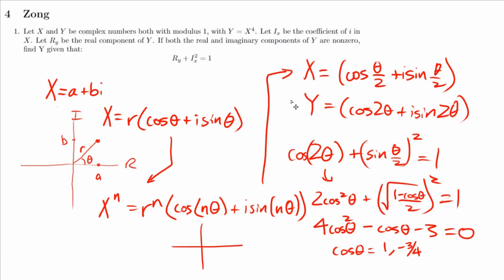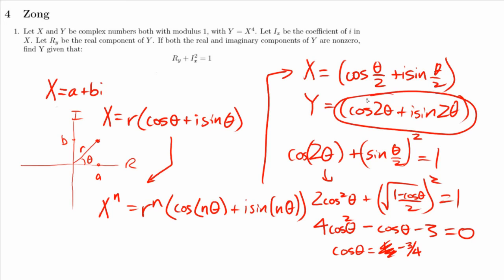So with y, since y's real part is cosine 2 theta, it's just going to be 1. Basically what happens is one of these is 0. And it says if both the real and imaginary components of y are non-zero. If cosine theta is 1, after you calculate it all out, one of these is going to be 0. It's just going to be either a real number or an imaginary number. So that doesn't work. So actually we're just left with cosine theta is -3/4. And the rest is pretty easy.